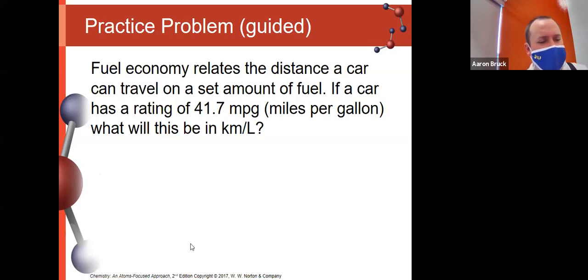So in this case, what we have is 41.7 miles over 1 gallon of fuel.